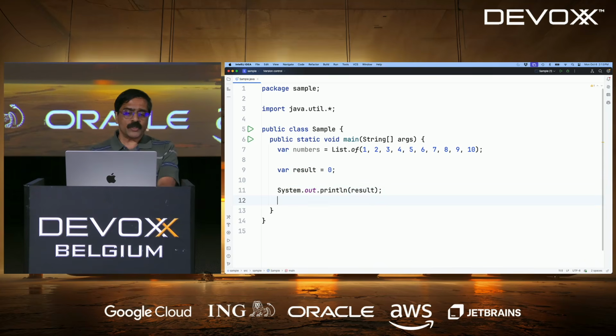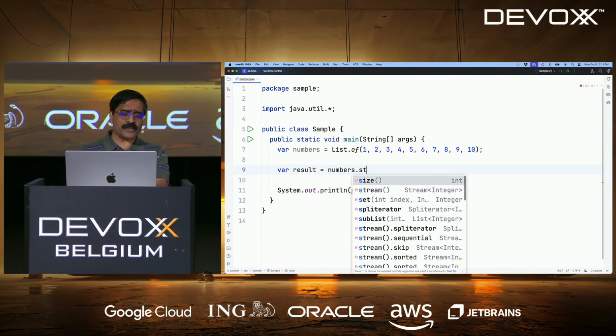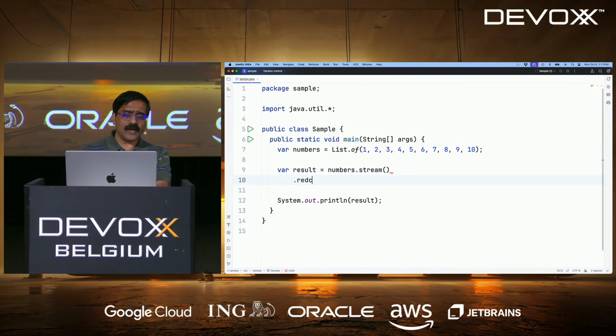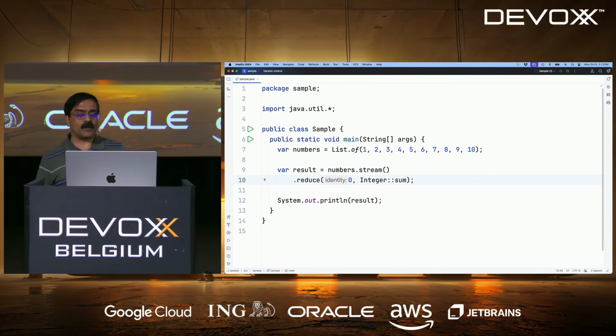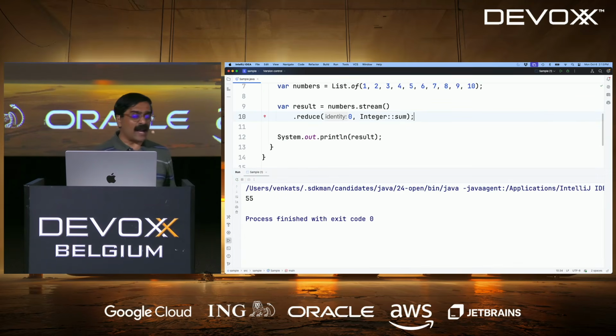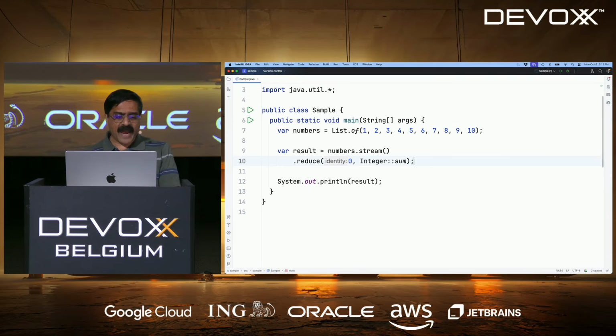But what is this result I'm interested in? We can say numbers.stream.reduce, and to the reduce operation, I say 0, comma, Integer::sum, and I'm going to ask it to perform the reduce operation on this. You would notice the result of this is really a value of 55, but what just happened here?